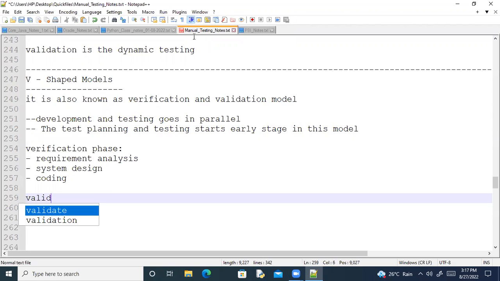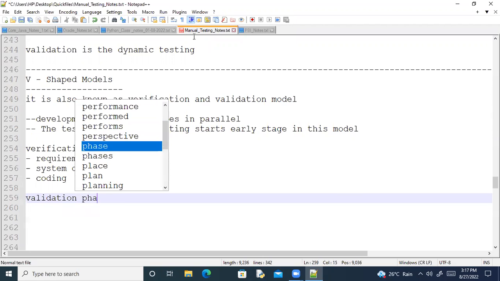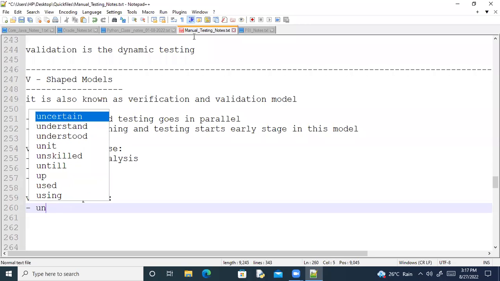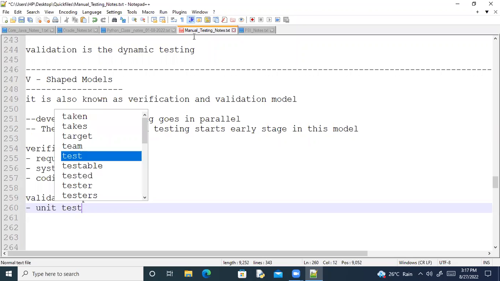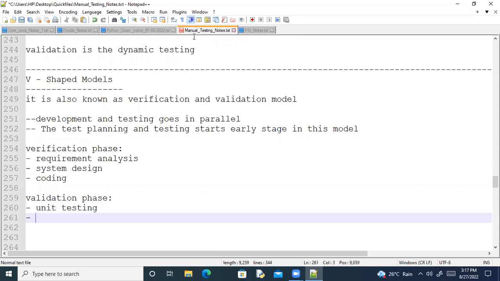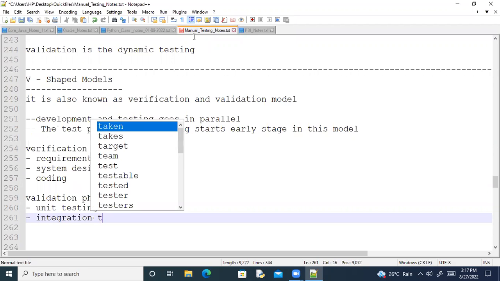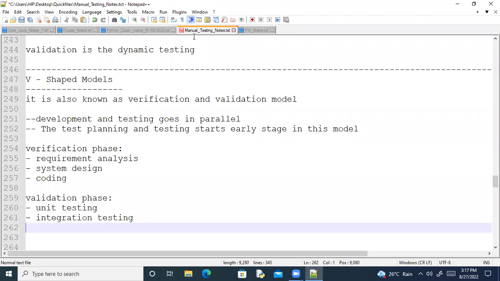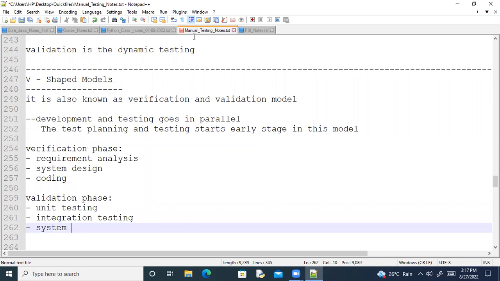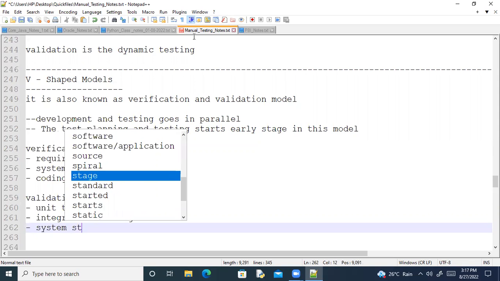Validation phase: we will be performing the testing, various testings: unit testing, integration testing, system testing, and we have acceptance testing as well.